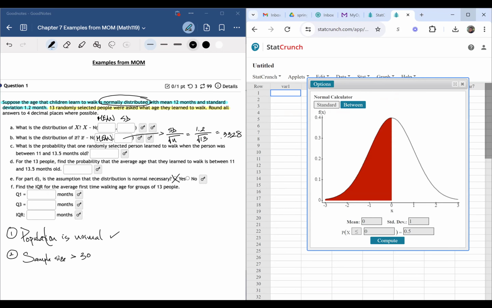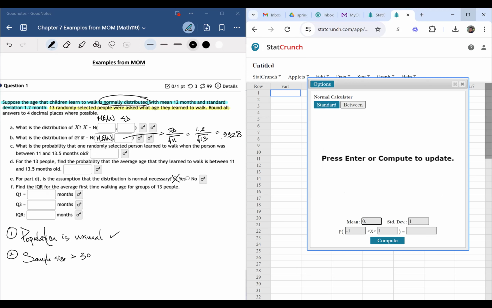Okay. Now, I want to know the probability that a person learned to walk between 11 months and 13.5. So I'm going to click Between. I'm going to type in the mean that I had. Let's say that this mean is going to be 12, and our standard deviation is 1.2.